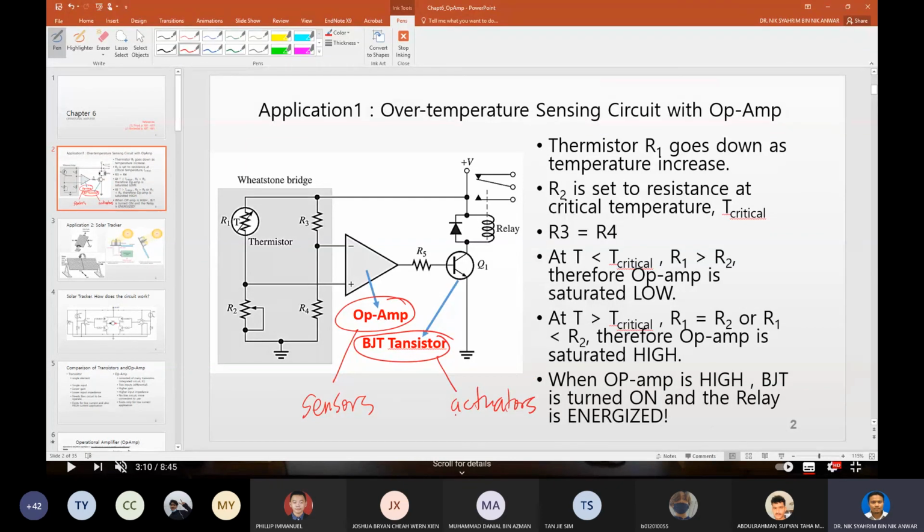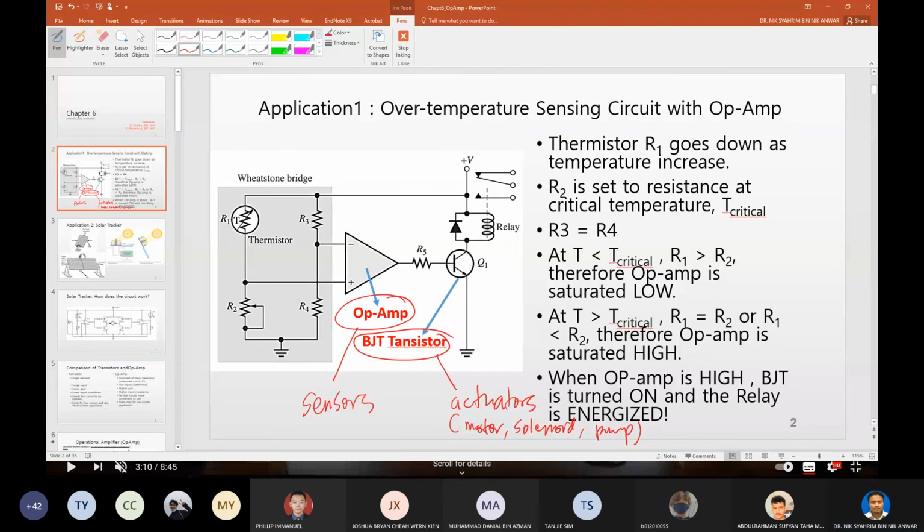Actuators can be a motor, or a solenoid, or maybe a pump. It's the part that does work. A sensor is the opposite of an actuator. It turns physical quantities into electrical quantities. This can be an acceleration sensor, in this case a temperature sensor, and many types of sensors.